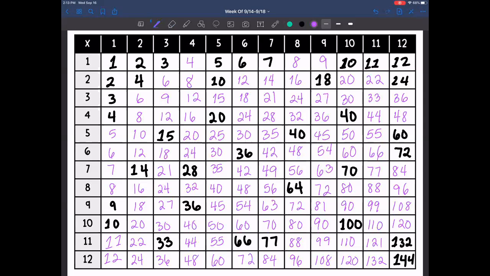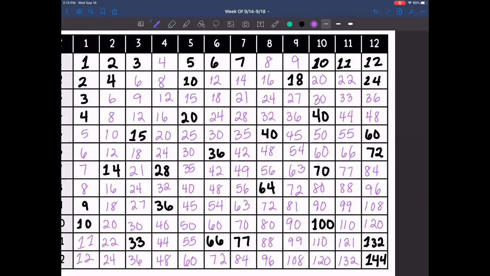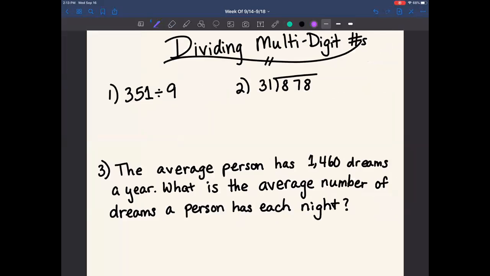If you guys are wondering, today we are doing division. So dividing multi-digit numbers. Dividing is pretty much like backwards multiplication, right? I need to find what times what equals that answer, okay? But it involves breaking things down. So we're going to go ahead and get started. Now the first one we have here.